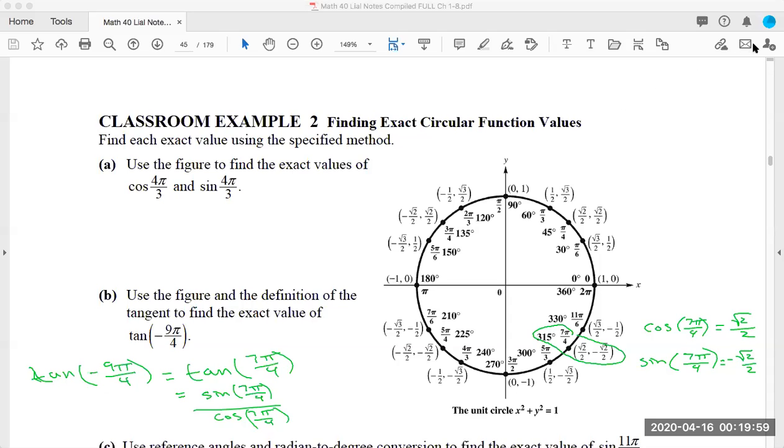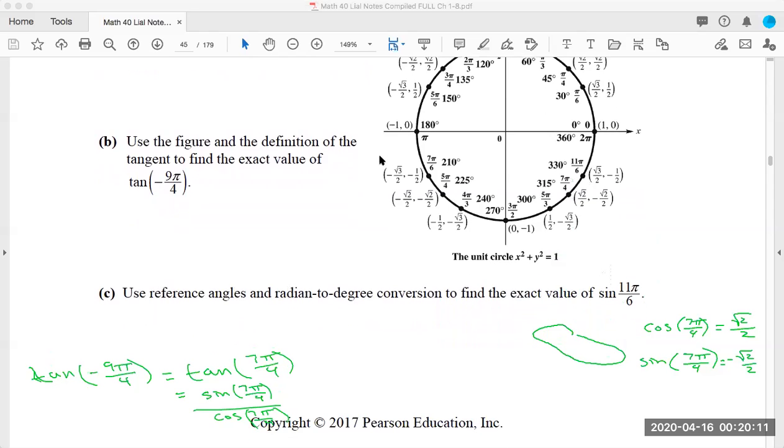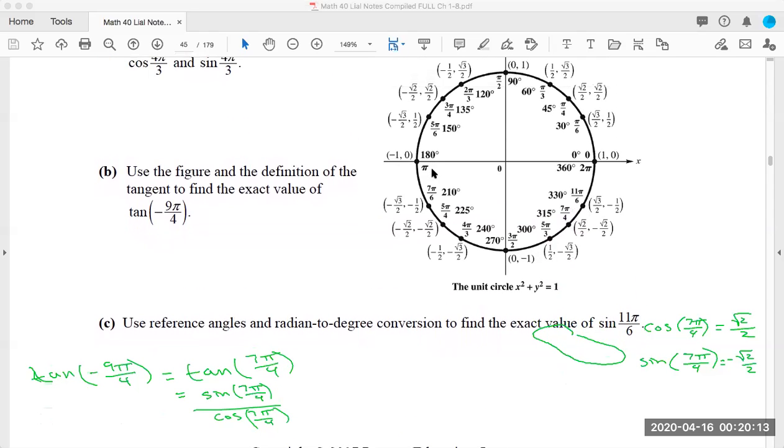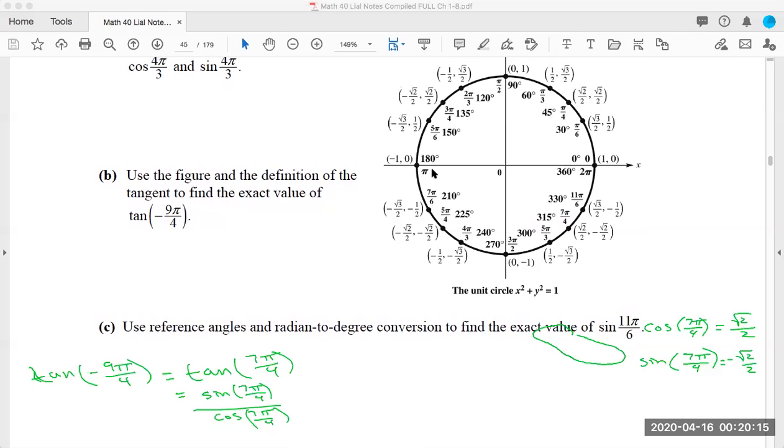Let me go ahead and save that picture. I'm going to erase this and just rewrite a little bit smaller.